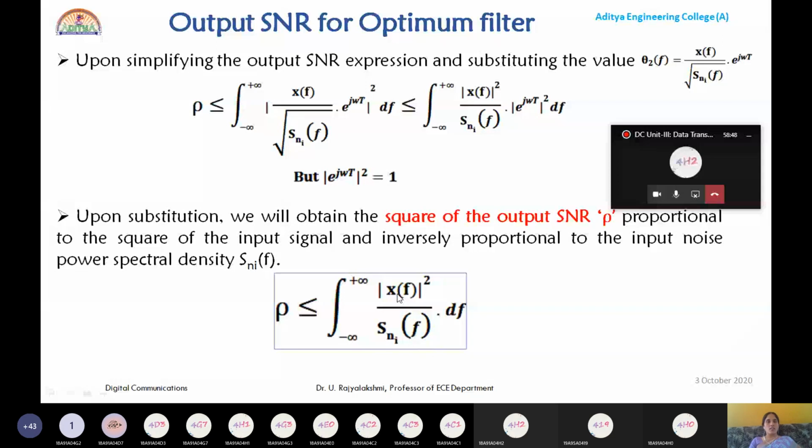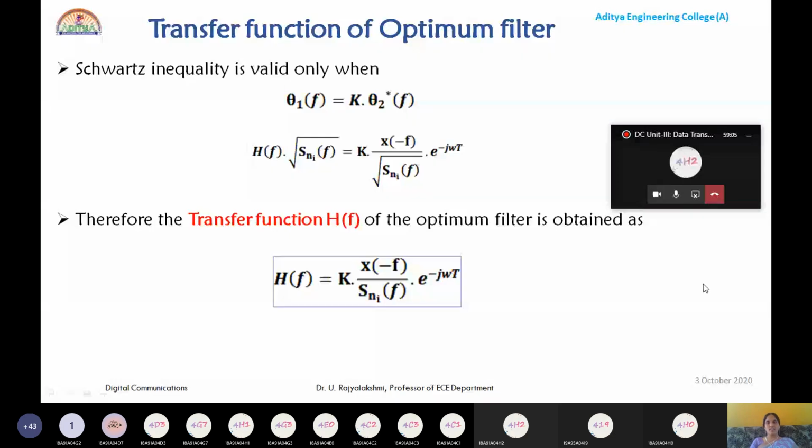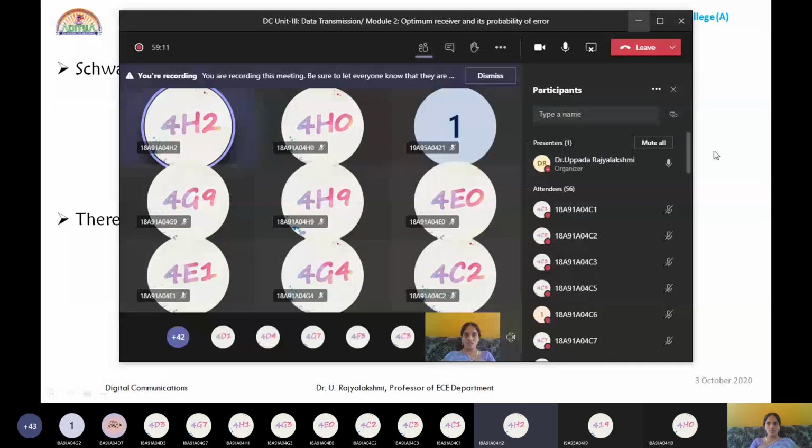Okay. And can you tell me what is the Schwarz inequality? Integration from minus infinity to infinity of theta 1 of x into theta 2 of x into dx, whole square, is less than or equal to integration from minus infinity to infinity of modulus of theta 1 of x whole square into dx, into integration from minus infinity to infinity of modulus of theta 2 of x whole square into dx.